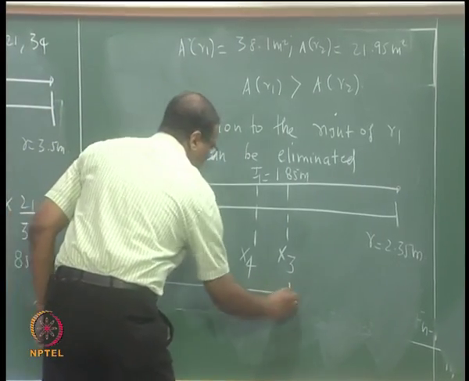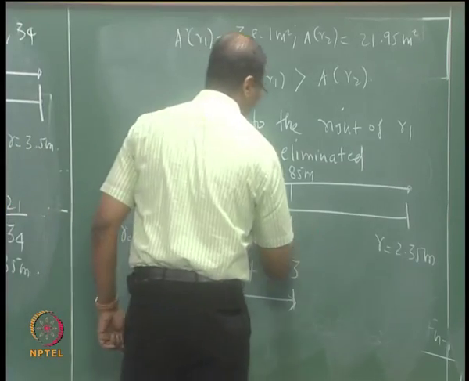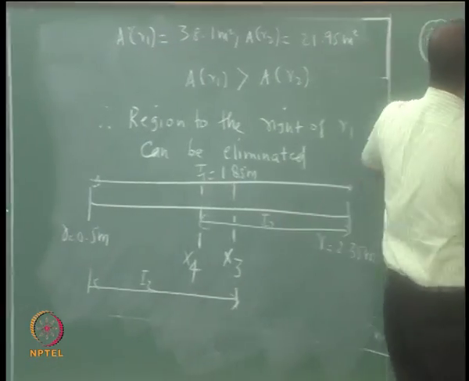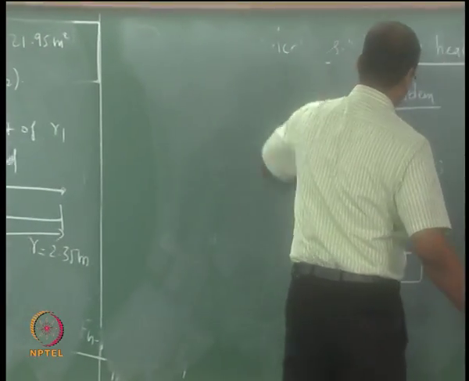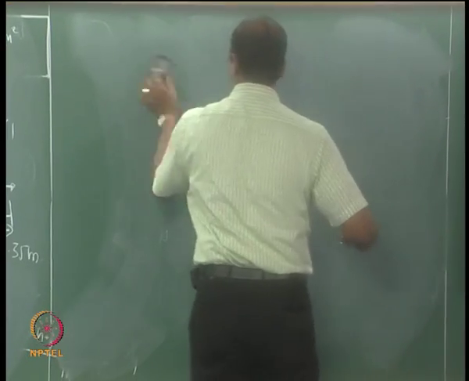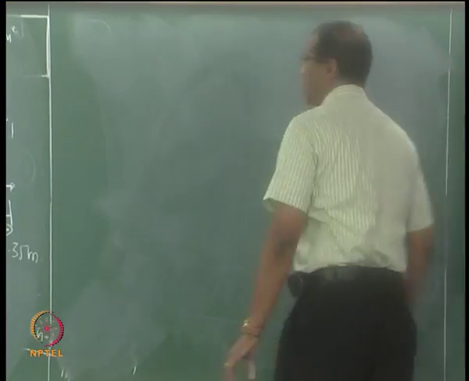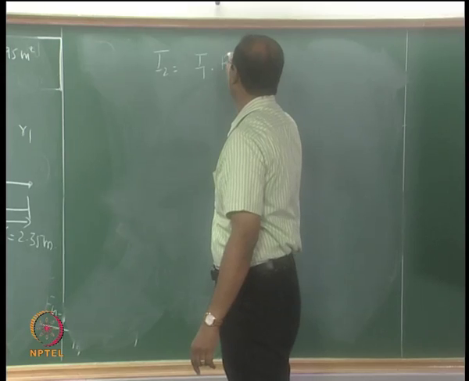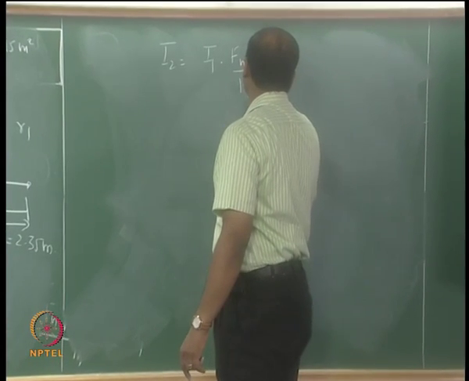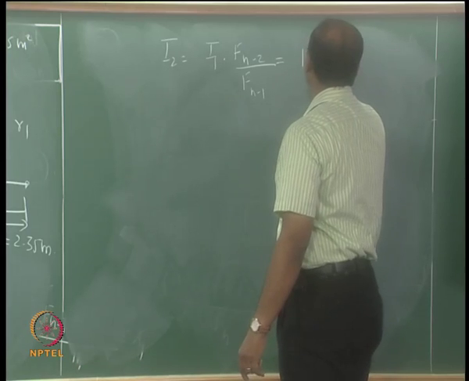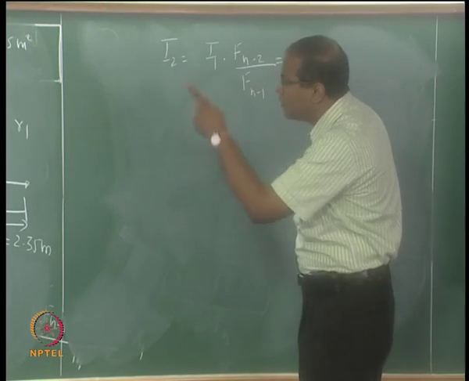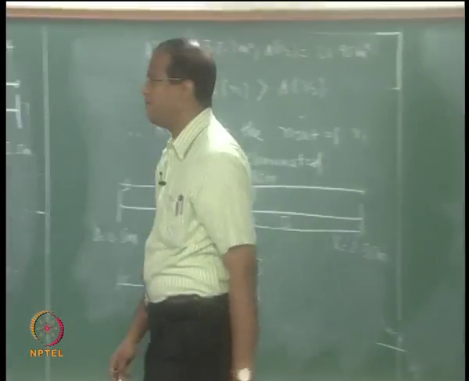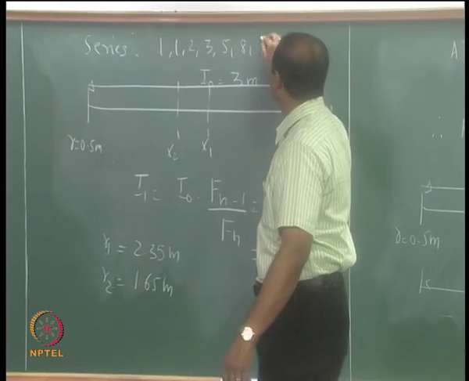These two are at a distance I2 from the two ends. I2 equal to I1, 1.85, times 13/21. So we first took 21/34, now we do 13/21.